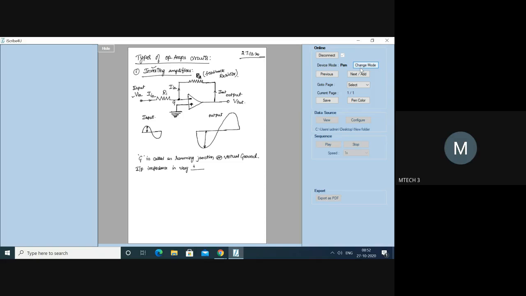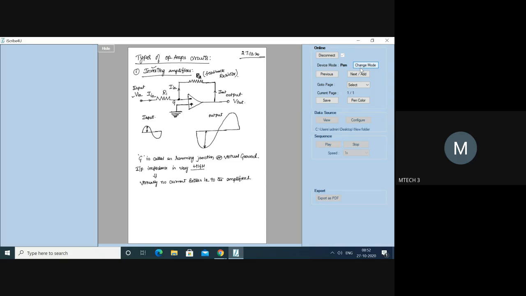High. So input impedance is very high. It means virtually no current enters into the amplifier.